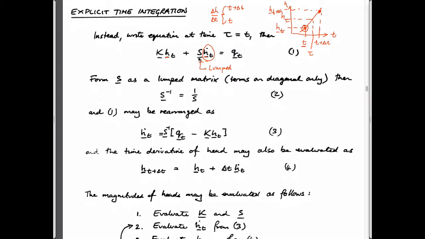So if we write this as a lump matrix, then the inverse of that matrix is very simple to get. You don't have to invert it. It's just the inverse of all the terms on the leading diagonal. And so what it allows us to do is to rewrite this matrix by taking this term over to the right-hand side, multiplying both sides by S minus 1.